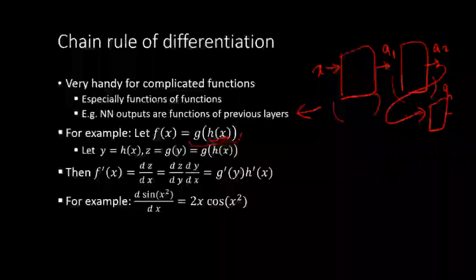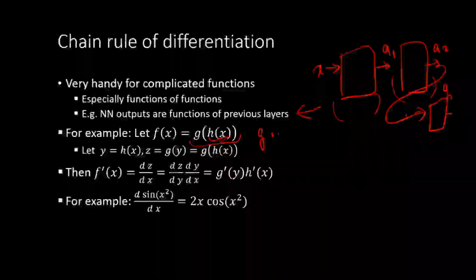So h is nested inside g. Let's say your complete function f of x is a nested function, g of h of x, also written as g circle h of x.